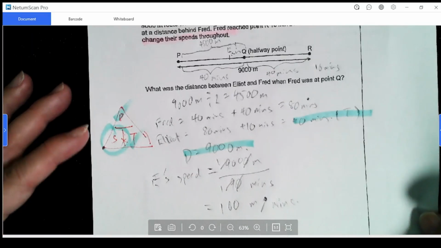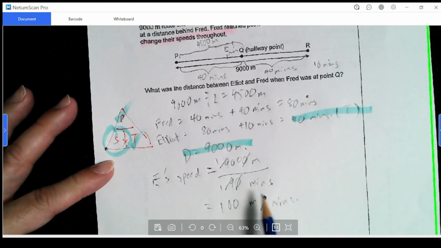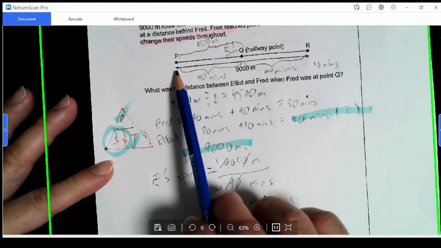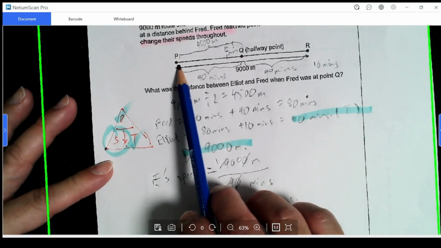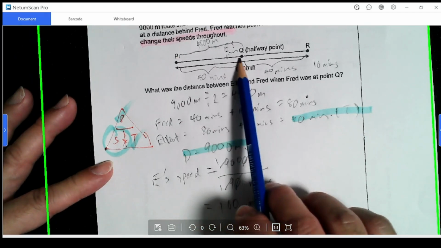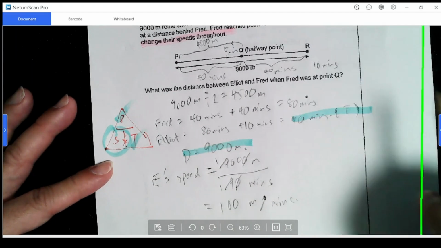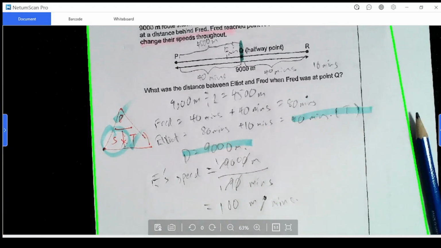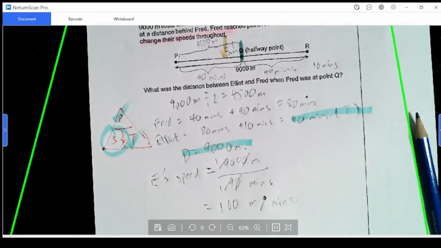Now, if this is Elliot's speed, and we know that they both started at the same time, but Fred has a faster speed, right? So, after 40 minutes, Fred is here. But Elliot is here.